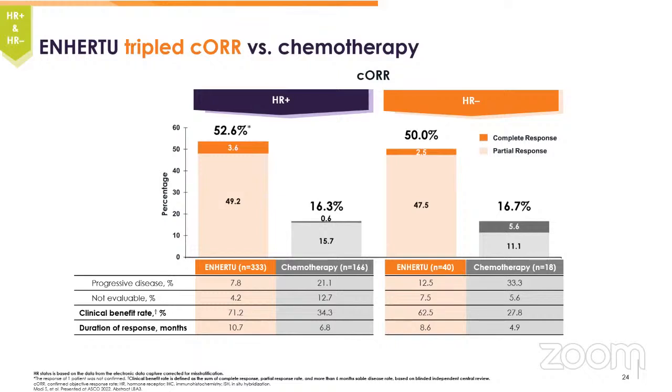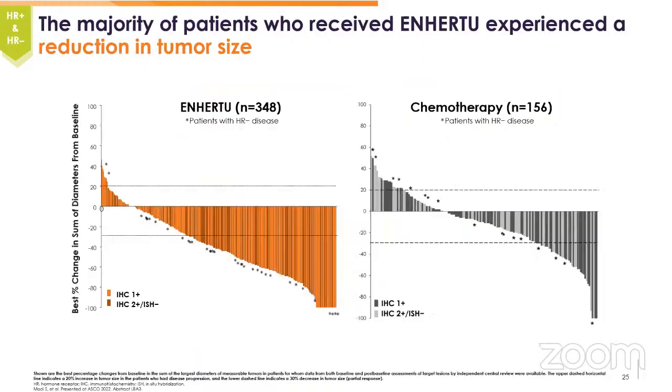So we have an excellent PFS, OS, something that improves quality of life, and an excellent overall response rate. So essentially this says that most of the patients actually respond, something that we had discussed earlier.